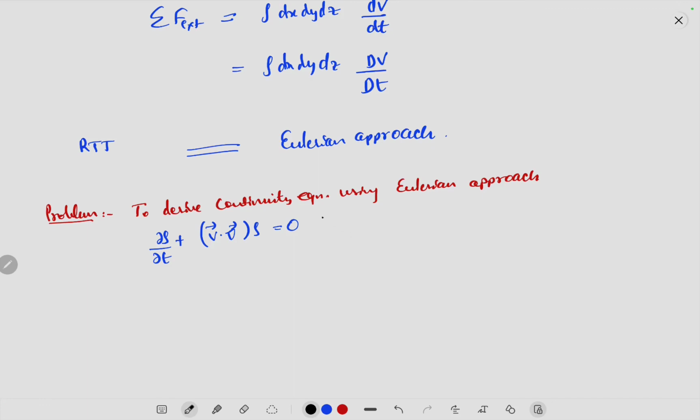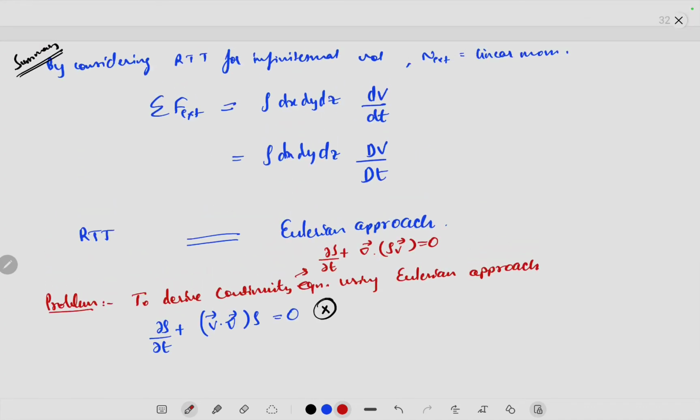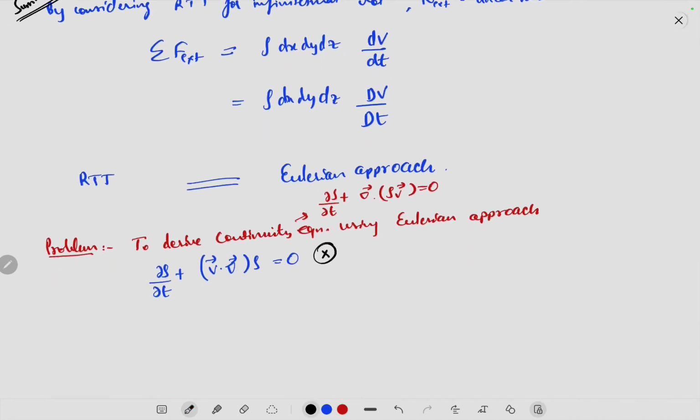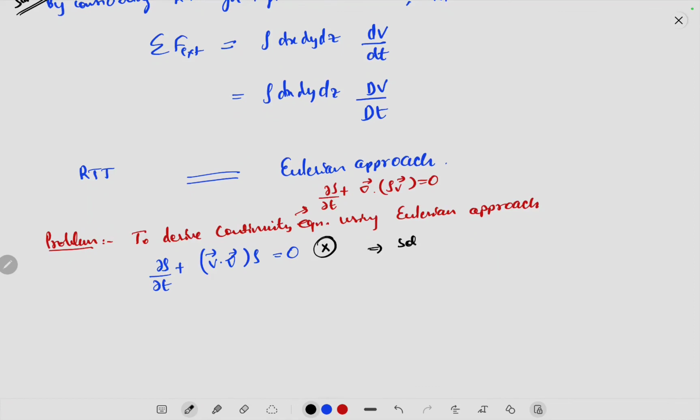We can identify that this is a wrong equation, and the correct continuity equation is ∂ρ/∂t plus divergence of ρv equal to 0. The solution is given in the description box.